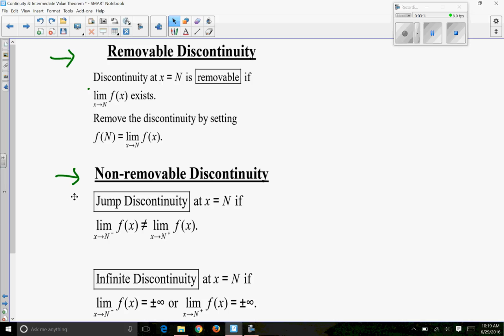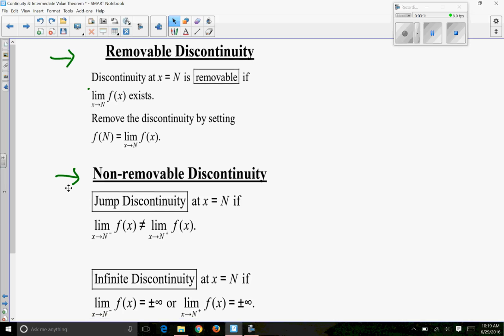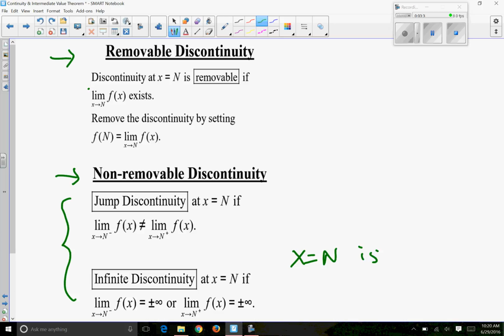Both of these, jump discontinuity and infinite discontinuity, are non-removable discontinuities. The infinite discontinuity at x equals n will be when x equals n is a vertical asymptote.